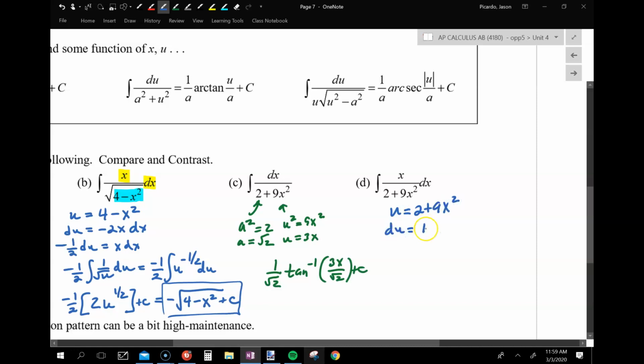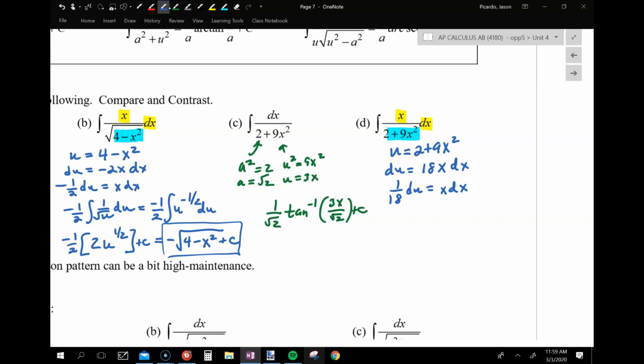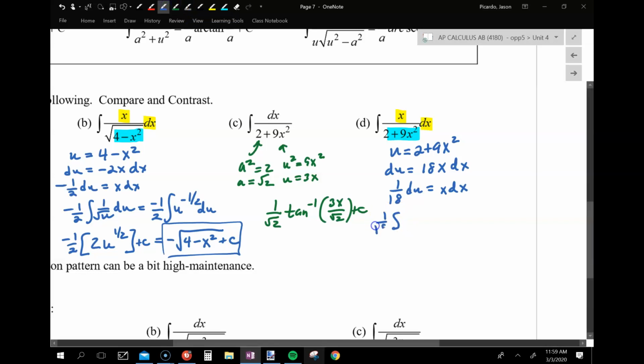So my DU is going to be this, or that, right? So I feel good about myself because there's my x dx. There's my u. And so this is a pretty easy one because it's 1/18th the integral of 1 over u du.